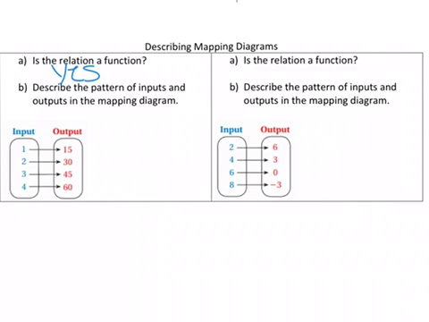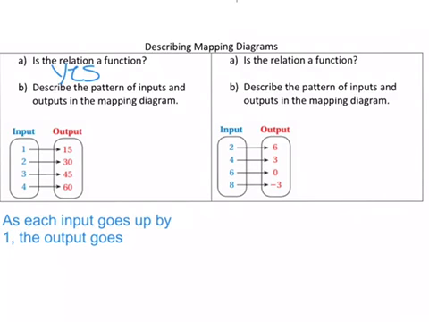Then it says describe the pattern of inputs and outputs in the mapping diagram. What that means is what is going on in this mapping diagram. So the first one, as each input goes up by 1, the output goes up by 15.